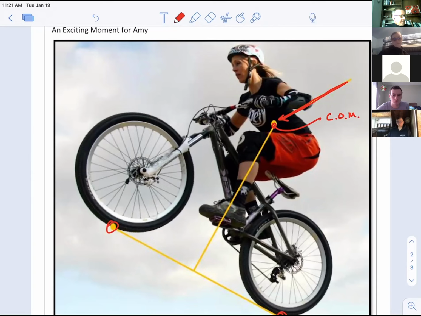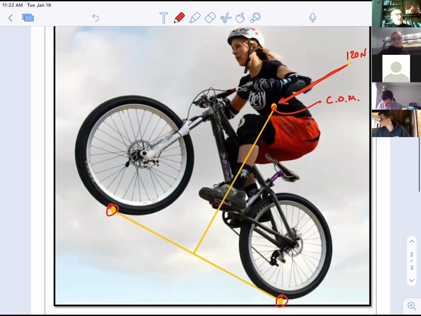So let's do this metric just to see if we can figure it out. Let's give her, say, 120 newtons of force based on the speed that she's flying through the air and so forth. She has 120 newtons of force, and notice it's at some angle as a result of the fact that she's flying through the air. So basically she's touching down right now.